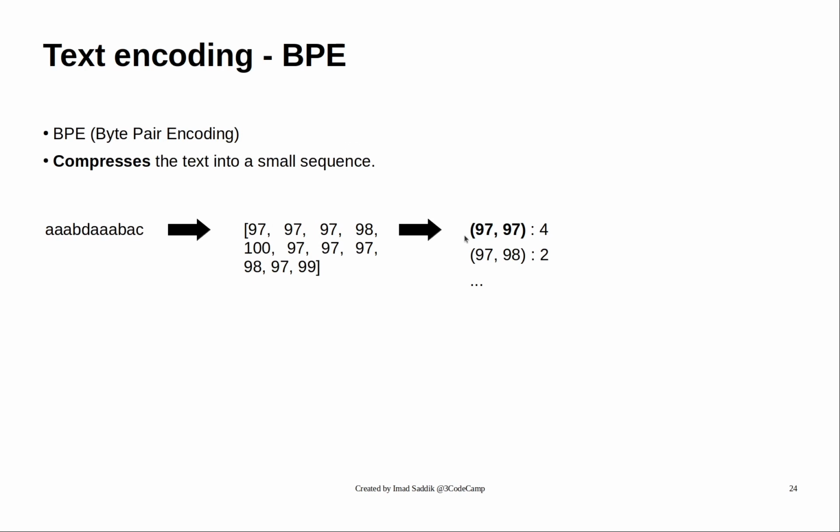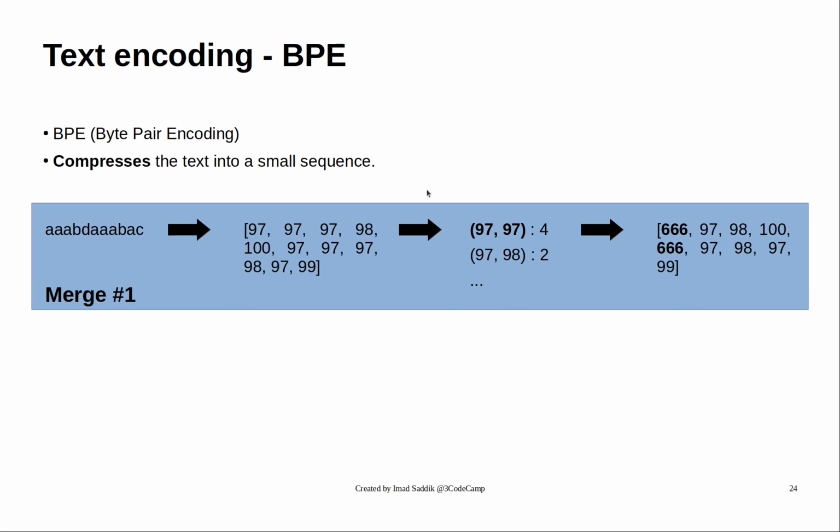After computing the number of occurrences, we will try to find the max pair, and we will replace it with a new token. I chose 666 because it doesn't exist in the vocabulary. And then I'll just replace 97,97 with this new token. The step that we performed here is called a merge step, and we can continue from there.